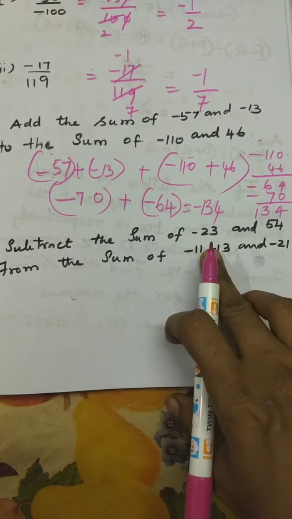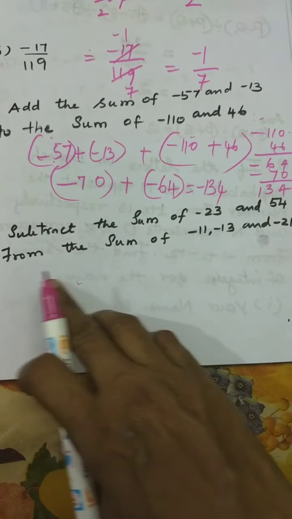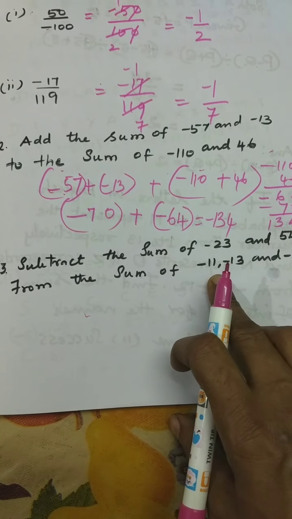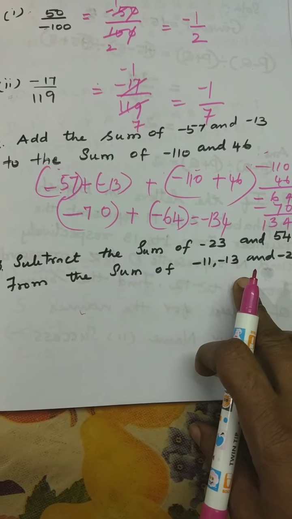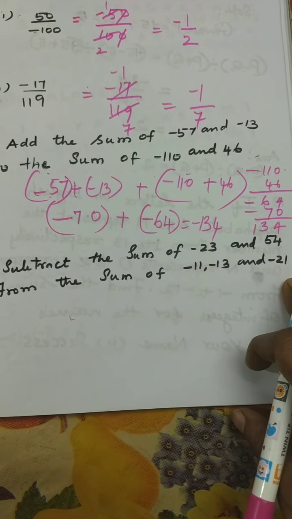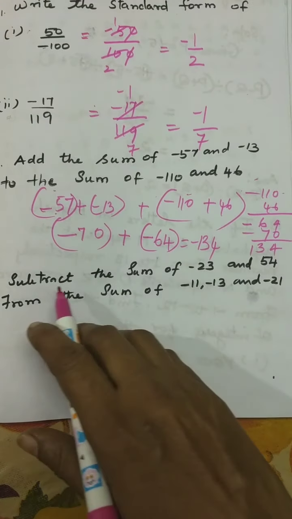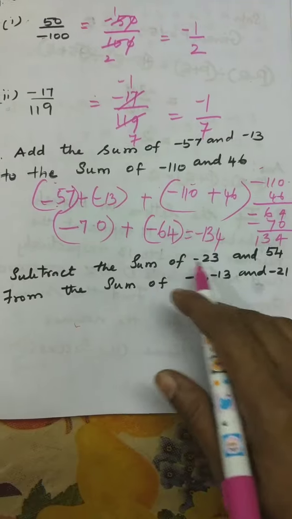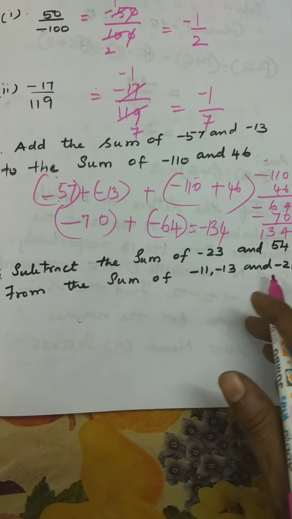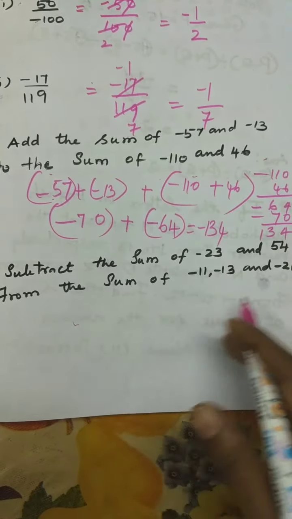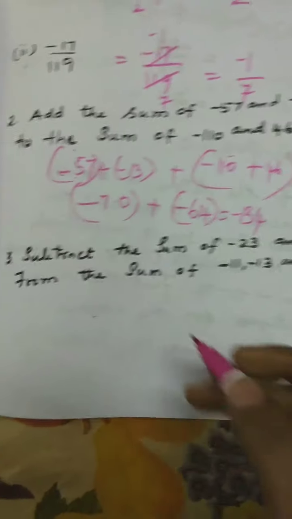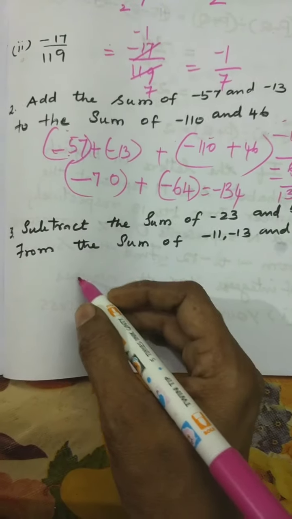Subtract the sum of minus 23 and 54 from the sum of minus 11, minus 13 and minus 21. First you have to find the sum of these and the sum of these. You have to subtract this from this. First you have to find step 1.